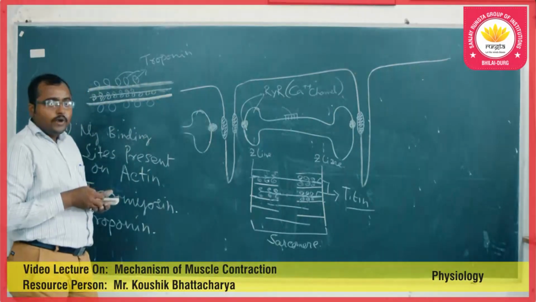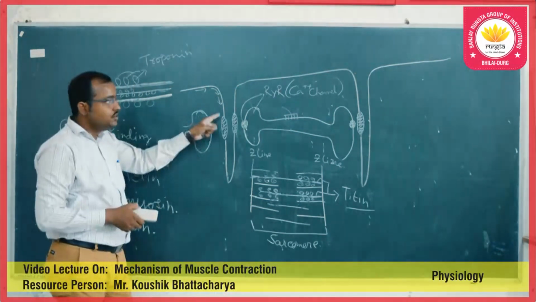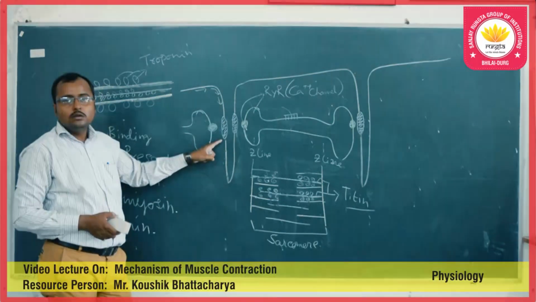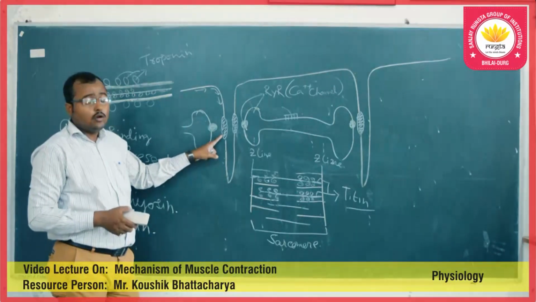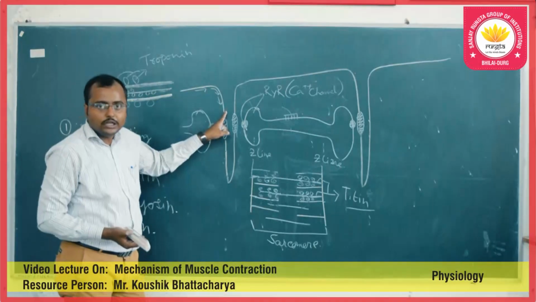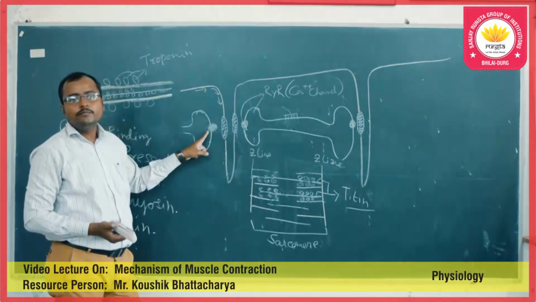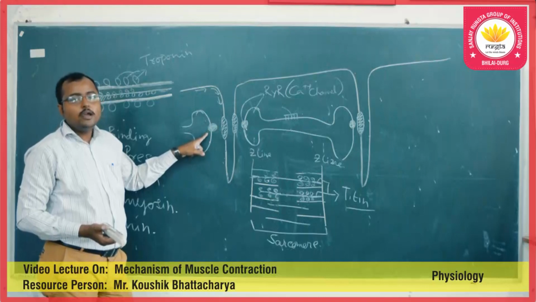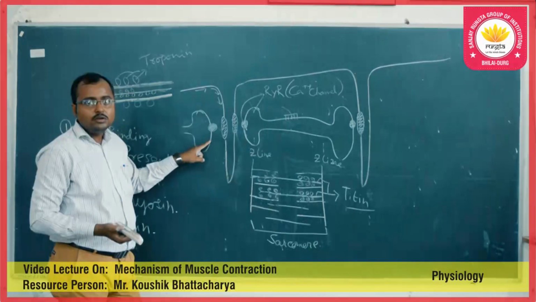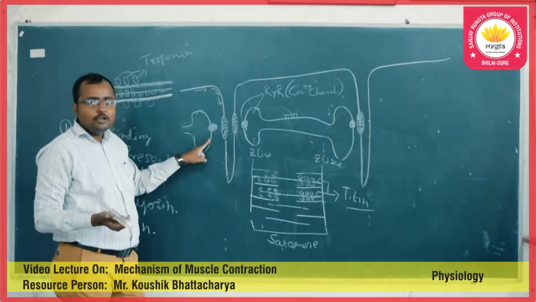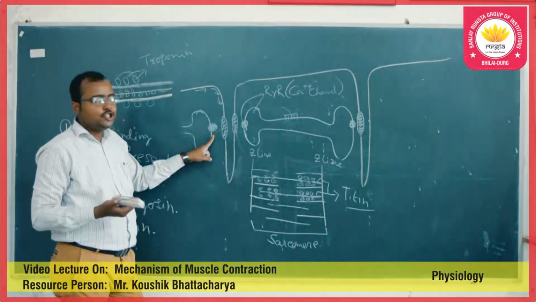When the action potential travels along the T tubule, the DHPR protein, or dihydropyridine receptor protein, senses the arrival of the action potential and is activated. After activation, it strokes the ryanodine receptor so that the ryanodine receptor opens. This receptor is present on the surface of the terminal cisternae, and previously we came to know that these ryanodine receptors are calcium ion channels.